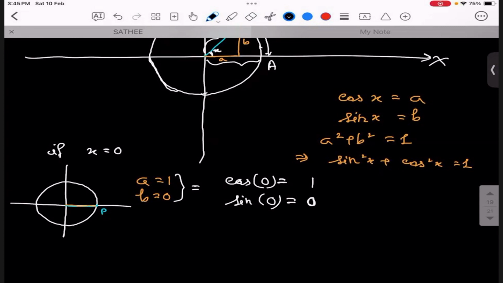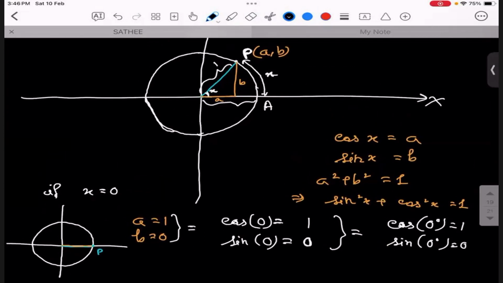Now, surprisingly, 0 radian and 0 degree are the same. So one can again say that cos 0 degree equals 1, sin 0 degree equals 0. Just compare these two figures. Here it has a positive value, that's why we got positive values of a and b.